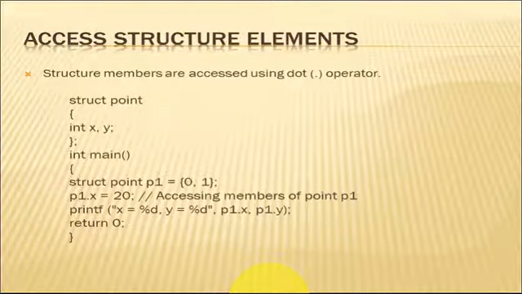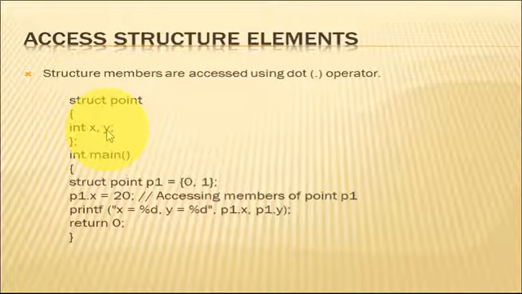Then how to access structure elements? Let's assume the structure is a composite element; it consists of a number of elements inside it. In this example, struct point consists of 2 data members, x and y.